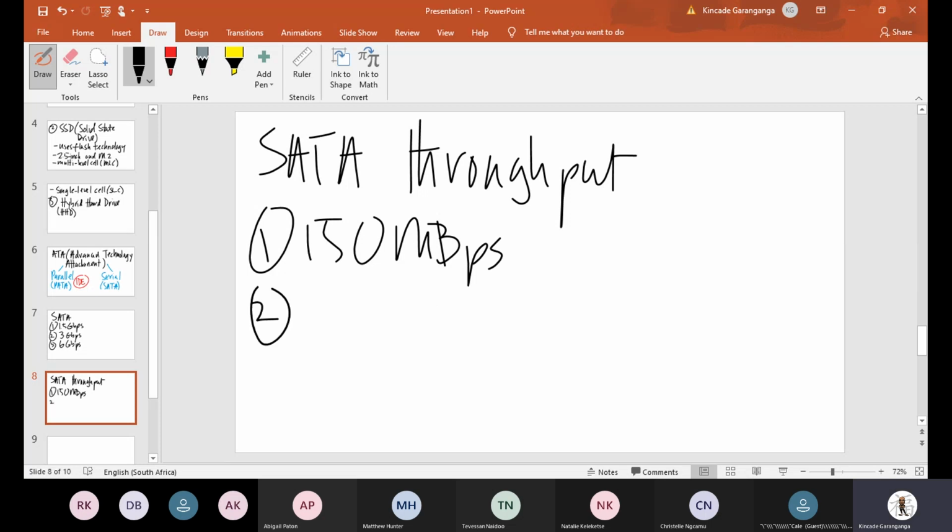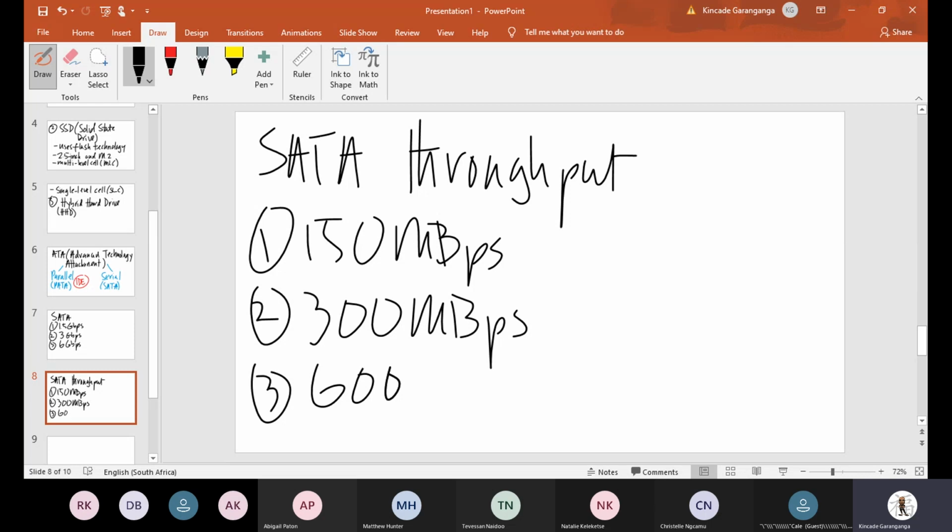Remember, there's a distinctive difference there: your small b is for bits, and your capital B is for bytes. Then 300 megabytes per second, same mistake, and lastly 600 megabytes per second. So that's the actual throughput that you're looking at in these environments.